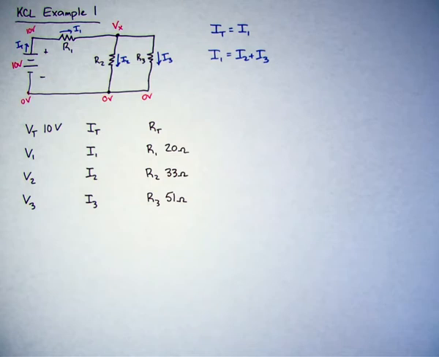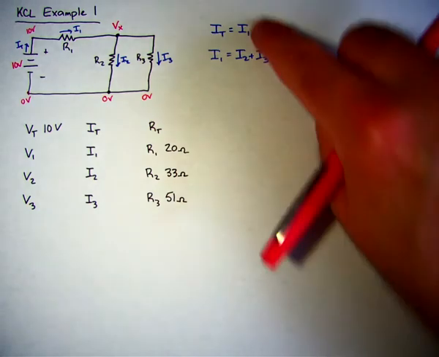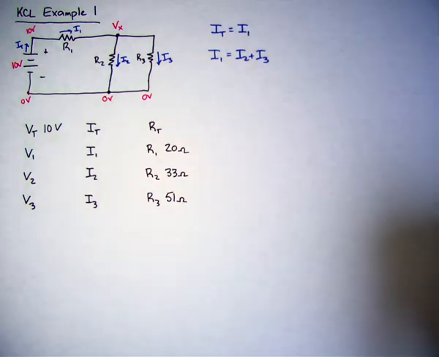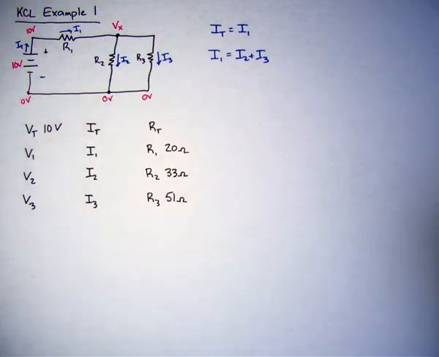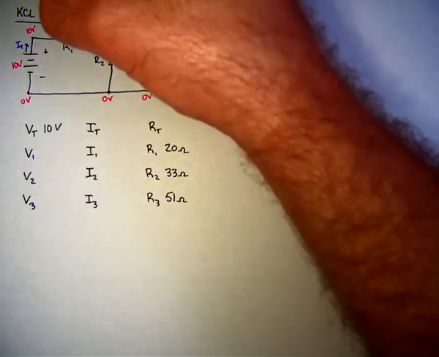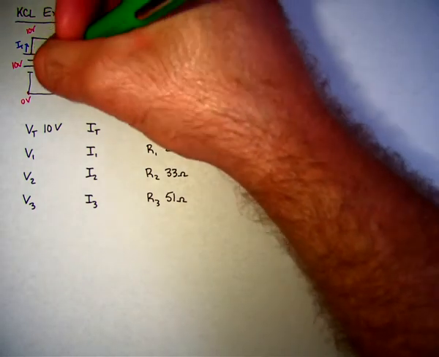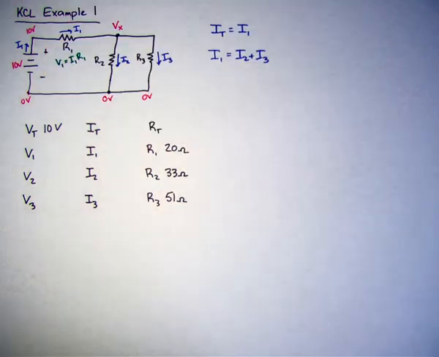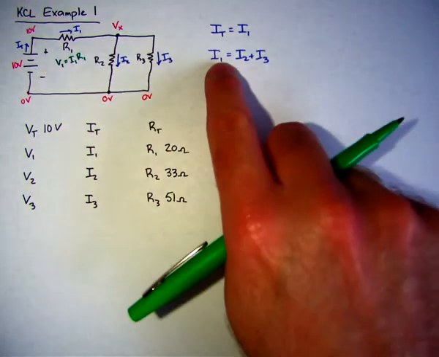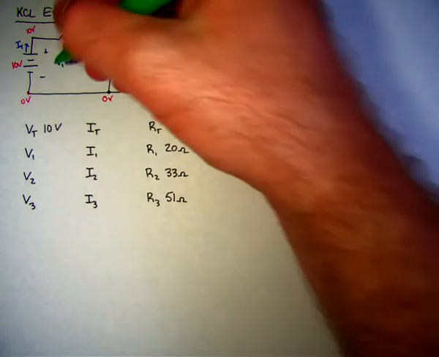So that's really important because we can now use our KCL equations along with Ohm's law to figure out how these voltages tie in. So for an example of that, I know that for resistor 1, V1 equals I1 times R1. Now, because we're dealing with the currents here, I'm just going to divide both sides by R1.